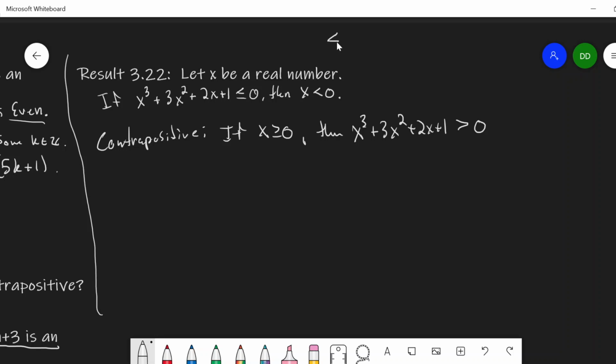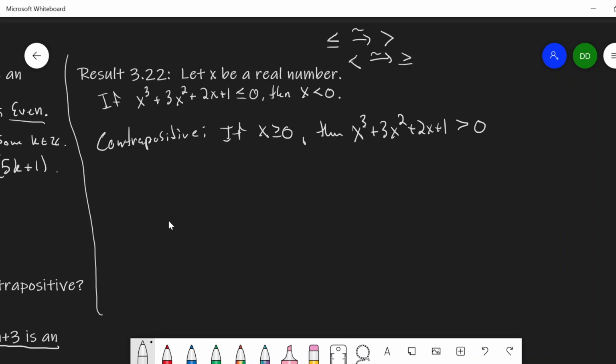So remember, something like less than or equal to, if we negate this, turns to strictly greater than. So flip the sign and get rid of the equality possibility. And something like strictly less than 0 would go to greater than or equal to when you look at the negation.